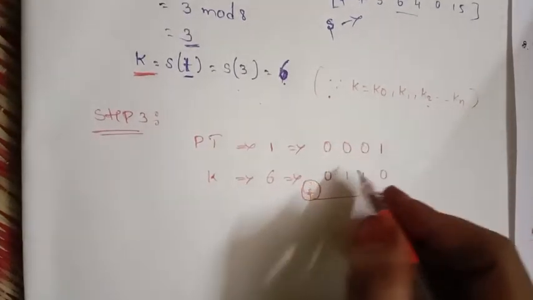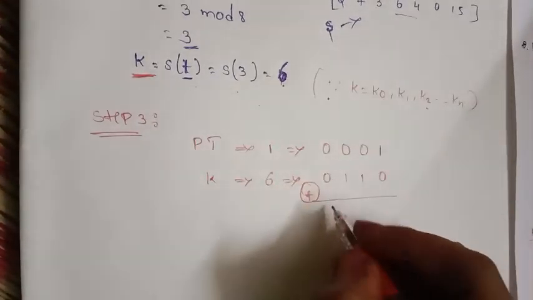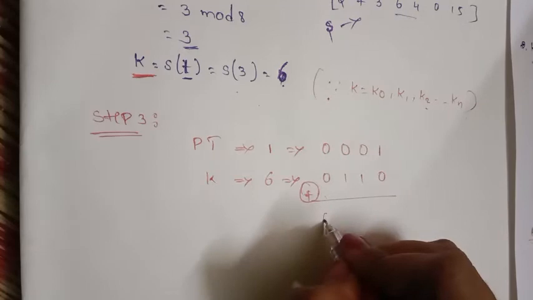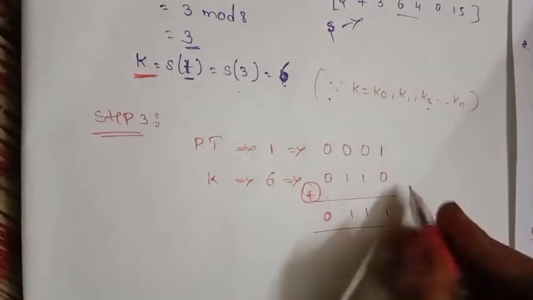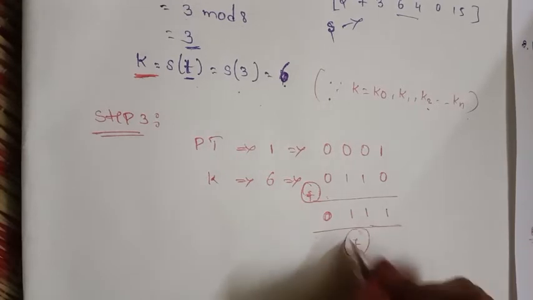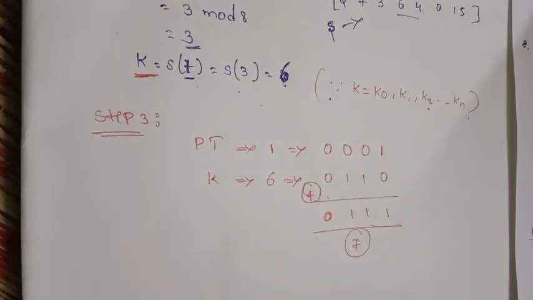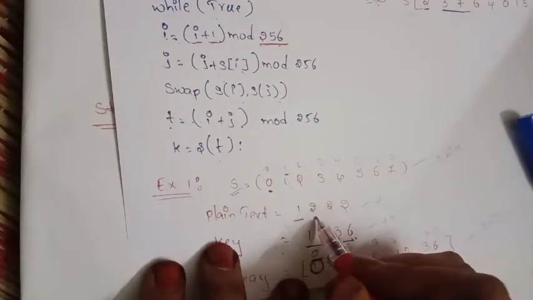Now perform the XOR operation. In the XOR operation, you already know that if the digits are the same, the answer is 0. If they are different, the answer is 1. Now what is the value here, guys? 7. So this is our first element. Like this, you need to find the answer for the remaining 3 bits.